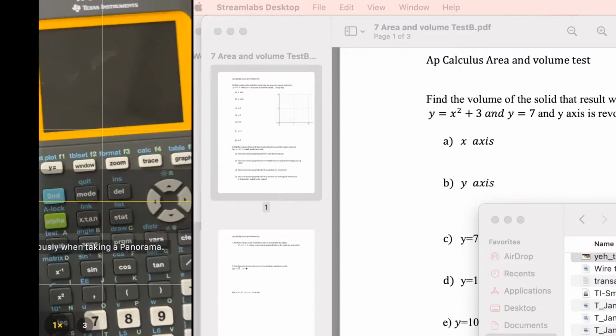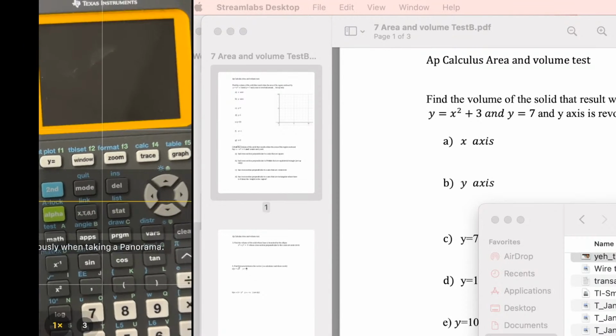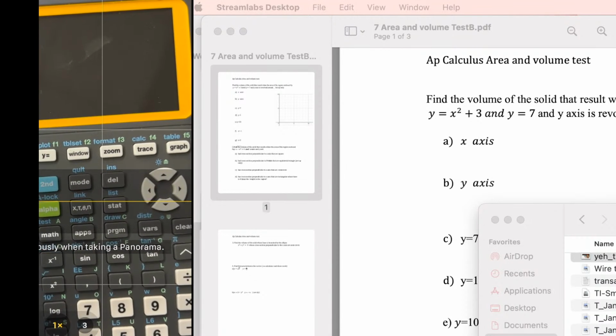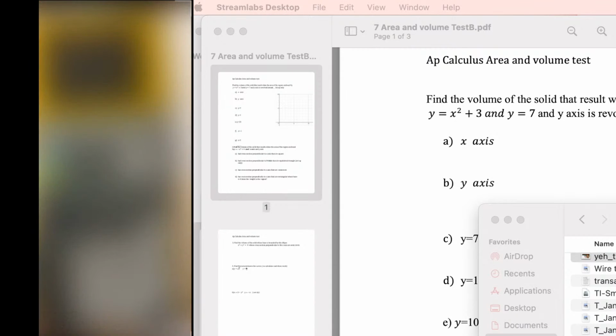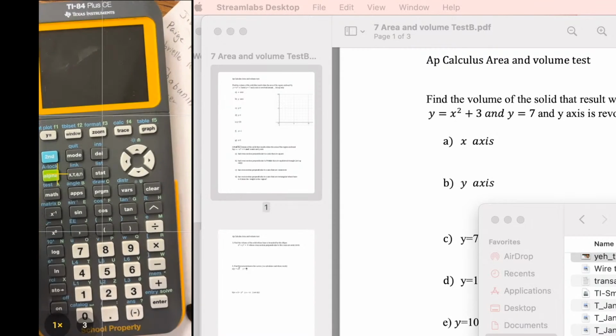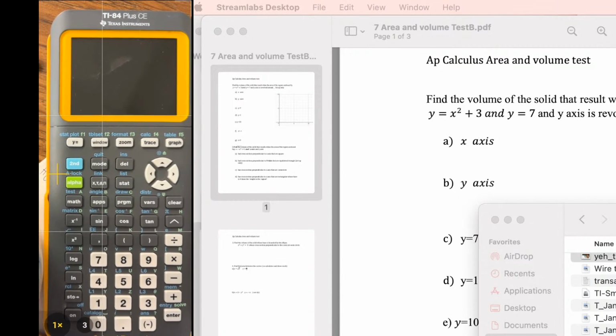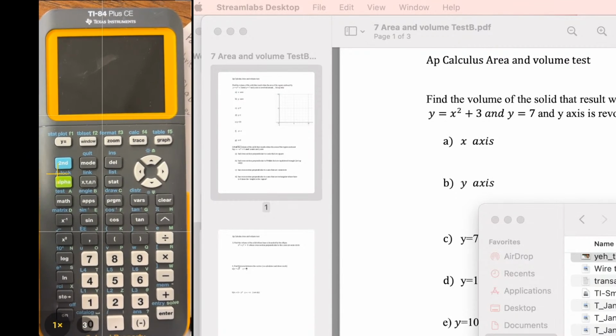Is this come out okay or no? A little bit further. Is this come out okay? That was my first. Give me Friday. Okay, so shh.